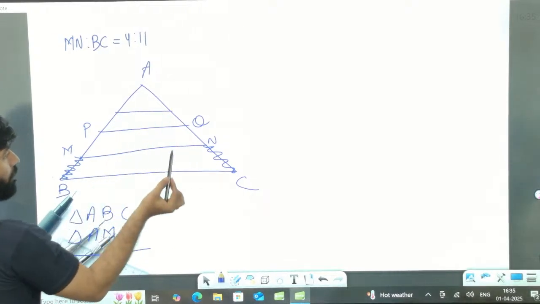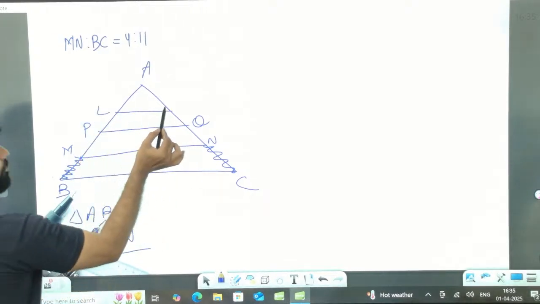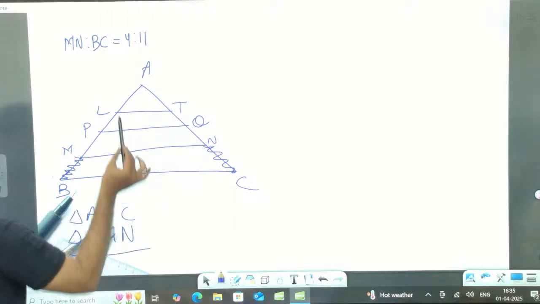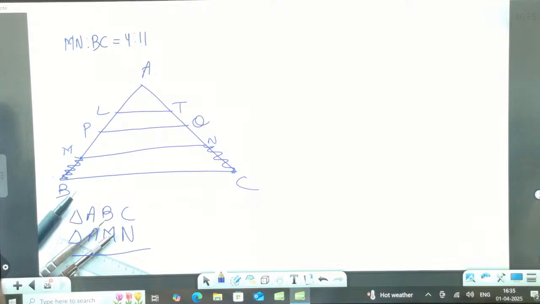I'm taking one more, and let it be LT. So will ALT be an equilateral triangle or not? Yes. Just try to apply this property in this question. Done? What is the answer? 8. Good.